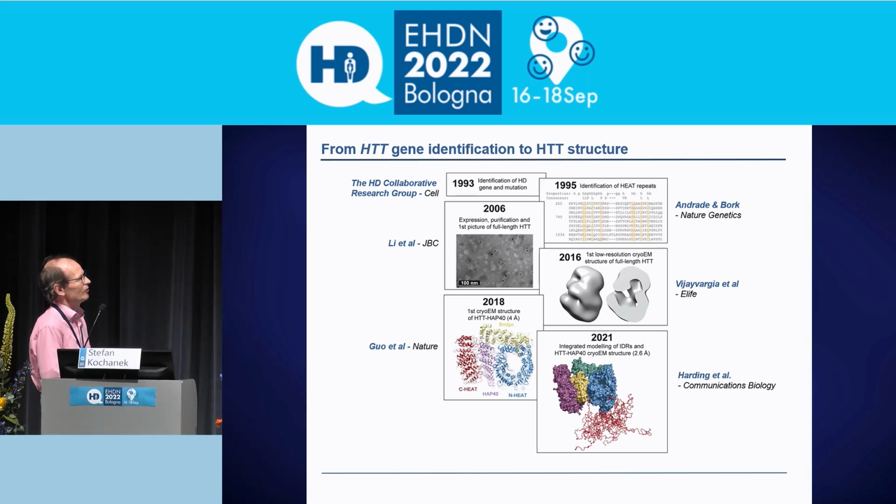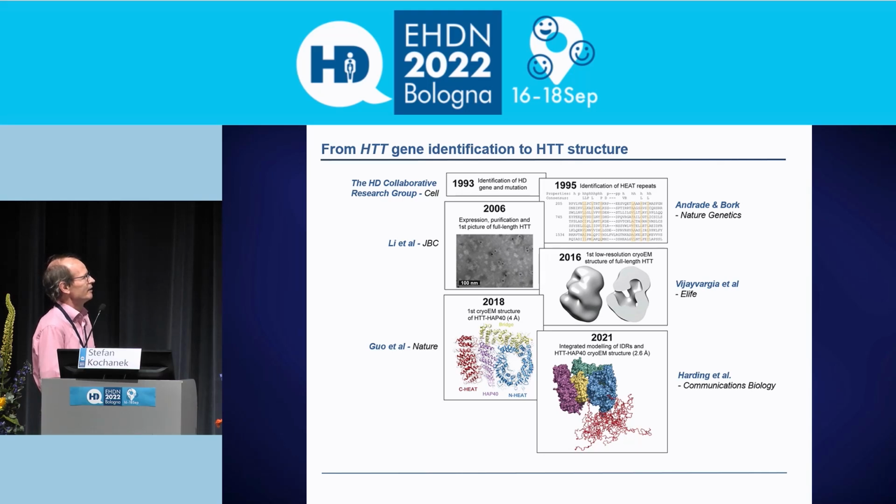Then in 2006, that was the first time full-length Huntingtin was produced in insect cells, and one could see particles by transmission electron microscopy. Then the first low-resolution structure in 2016 was obtained at 32 angstrom resolution.